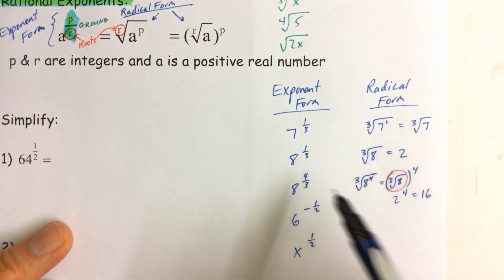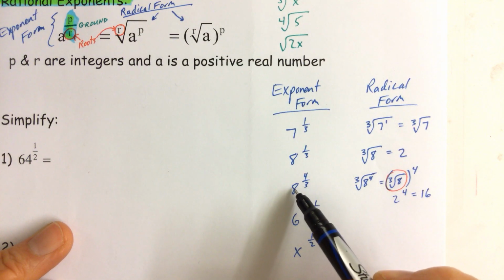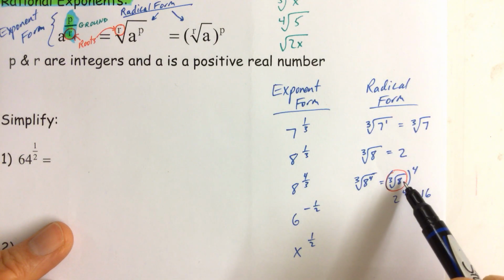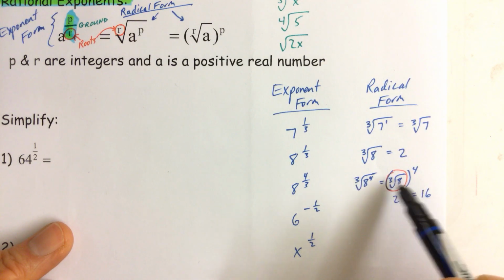And so we can simplify this exponent form by rewriting it using radicals and then choosing the better of the two.